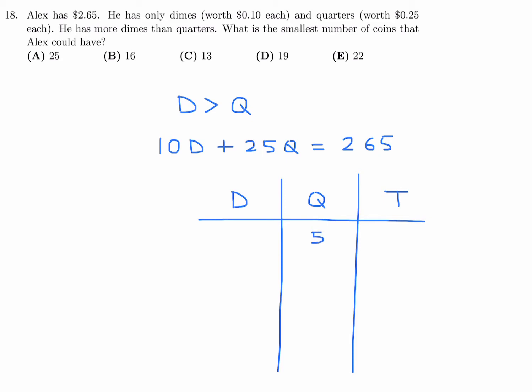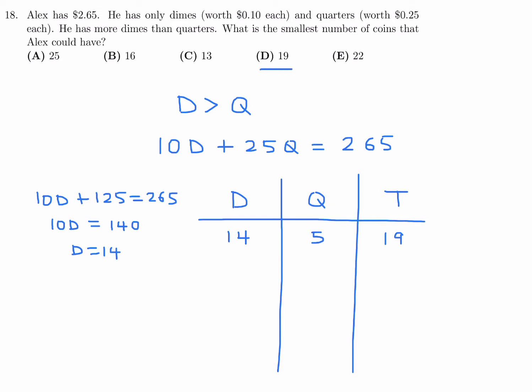If Q is 5, that means I've got 10D plus 125 is equal to 265. That means 10D is equal to 140. So therefore D is 14. So I've got 14 dimes and 5 quarters. The total will be 19 coins.